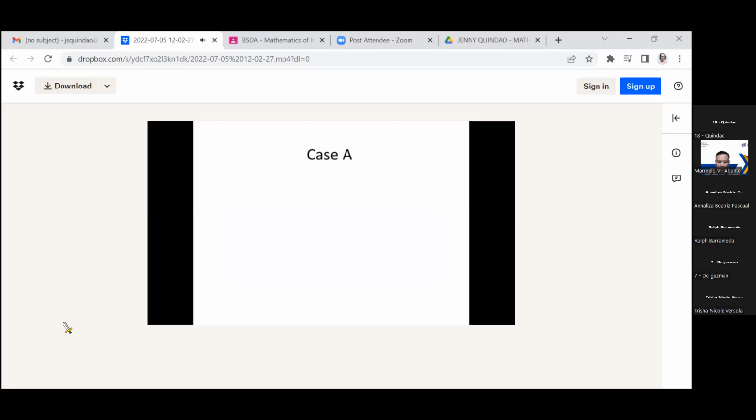Case A. Mr. A invested 10,000 pesos. Then the investment gained a gross profit of 13,000 pesos. The net profit will be 3,000 pesos.